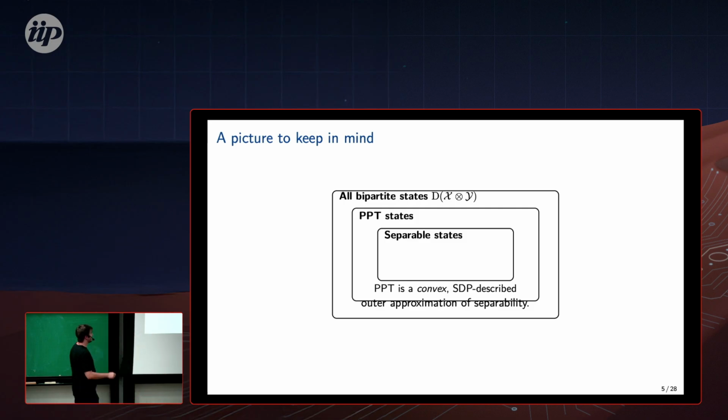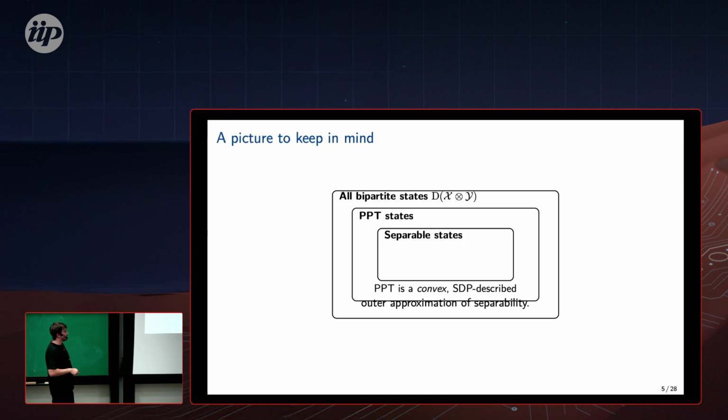And as I mentioned, okay, here it doesn't look particularly complicated, but if you go beyond, let's say, a qubit and a qubit or something like this, it's actually a very complicated set. So instead of looking at this set, we look at the so-called PPT set, which is then described by an SDP.